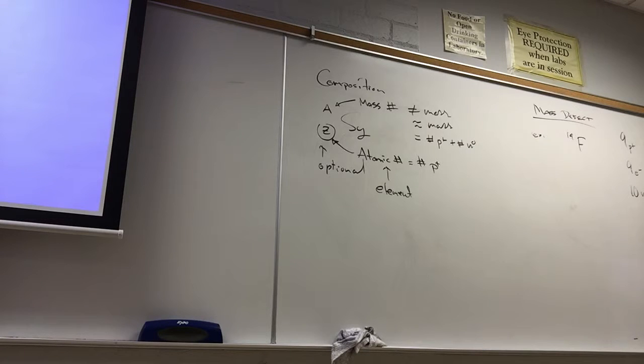And so one of the simplest things we can do right now is determine the mass of a fluorine-19 atom. Well, the easiest way to determine the mass of a fluorine-19 atom is just do this. We got 9 protons, and so that's going to yield 9 times the mass of a proton, 1.0073 U. And so if we got 9 of those, it's going to be 9 times that, which is 9 point what?